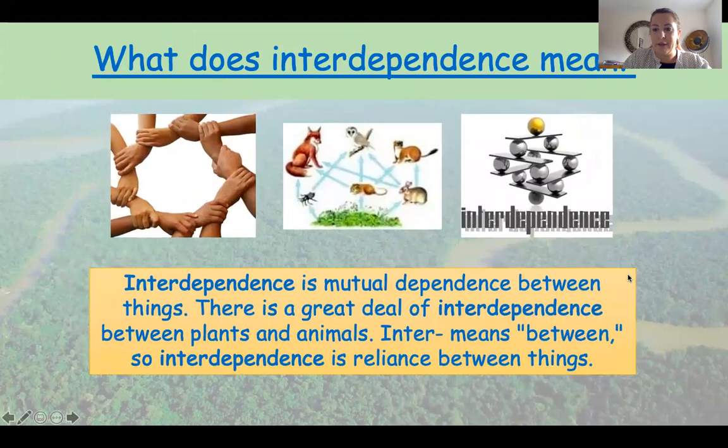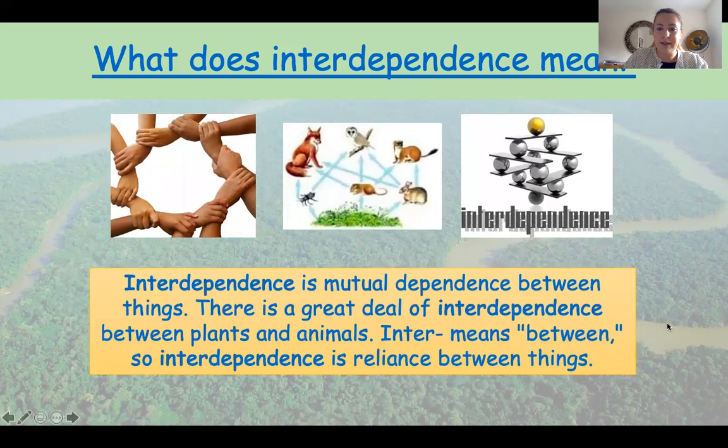And then our definition. Interdependence is basically those living things and non-living things interacting but being reliant on each other. If it's not hot and wet, we're not going to get as many trees. If we don't have as many trees, we're not going to get as many animals living in the trees. So it's how all those things work together to create this really unique biome.